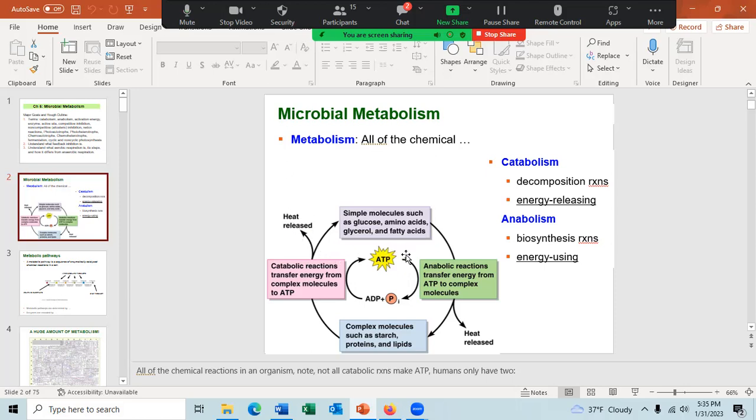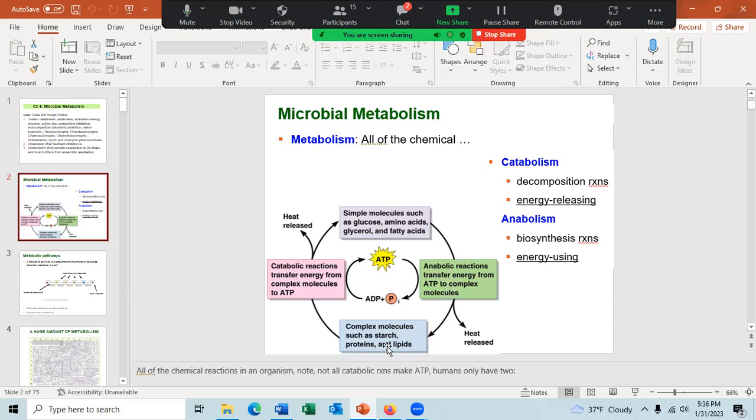So the catabolic reactions release energy. They always release energy, and that's because the larger complex molecules store more energy than the smaller, simpler molecules. Anabolism is the reverse of catabolism. It is a biosynthesis reaction where you take a smaller molecule, such as glucose, and you take many of them, and then you build a larger molecule, such as starch.